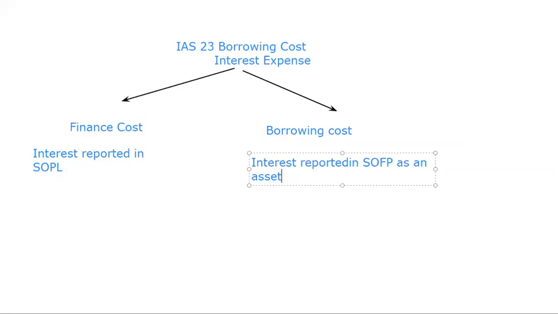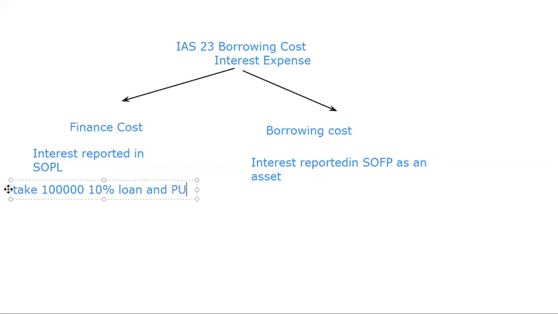Now, what is the technical part in it? Why finance cost and why borrowing cost, right? Take 100,000, a 10% loan, and purchase an asset.